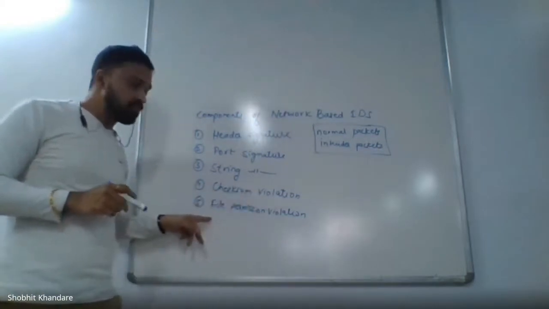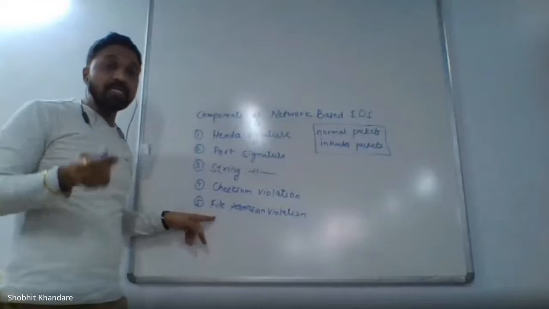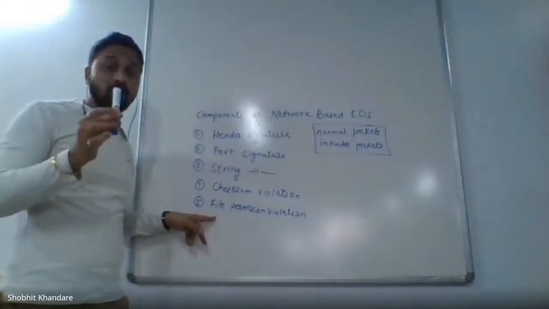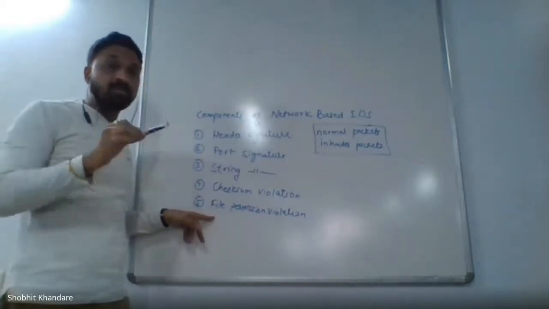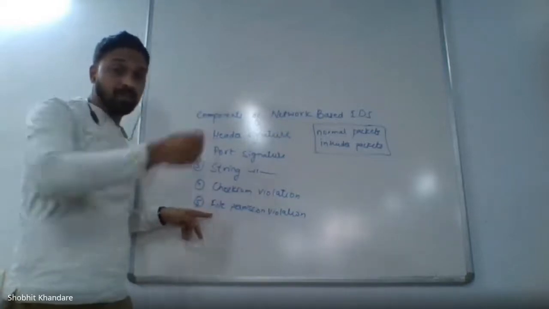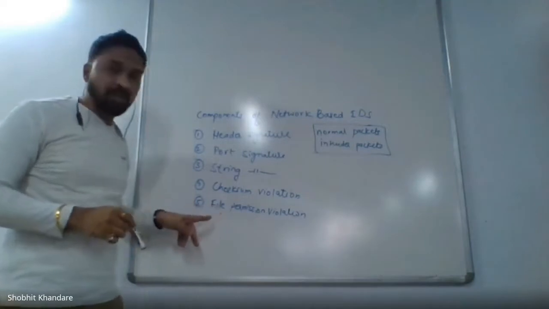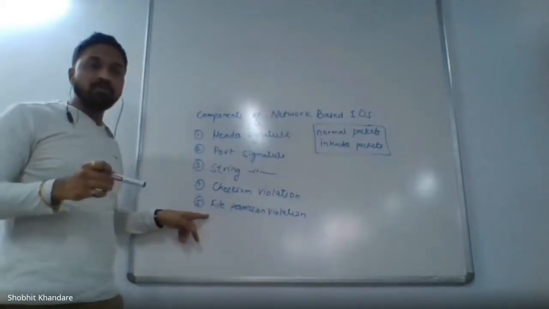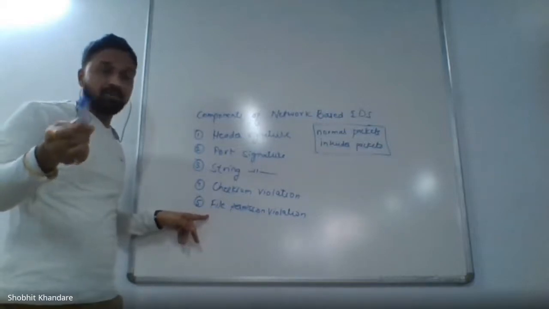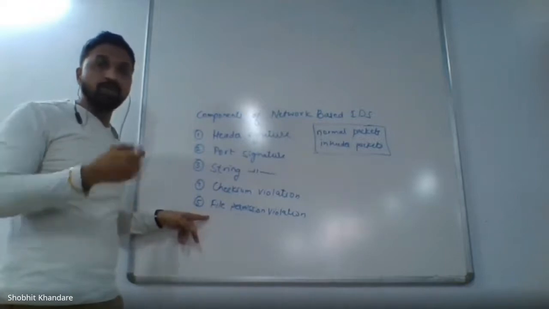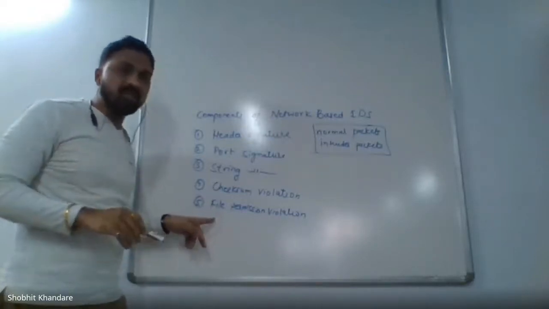And the last one is file permission violation. Sometimes if I am sending some message or packet that is encrypted with a password, I will encrypt that message with some password, and I will tell the receiver what the password is. Mostly we use this if you want to send some confidential file through the mail. The best way is that you protect that file with a password.